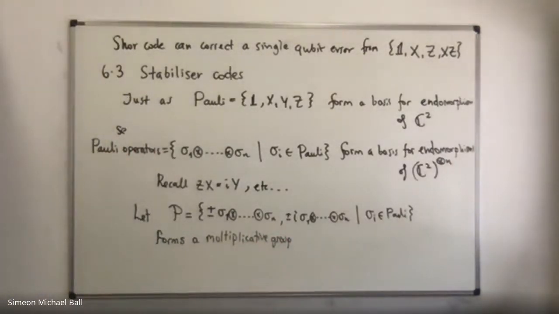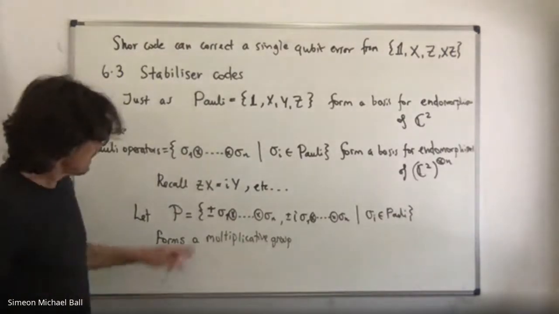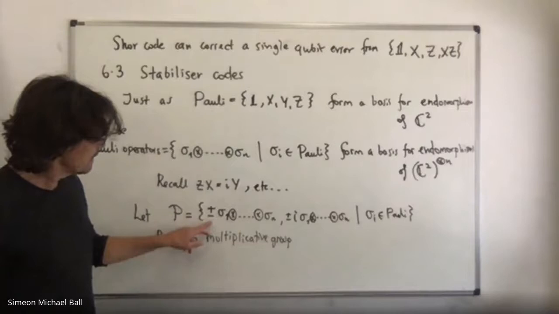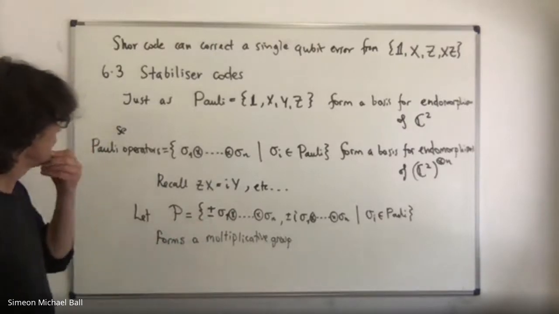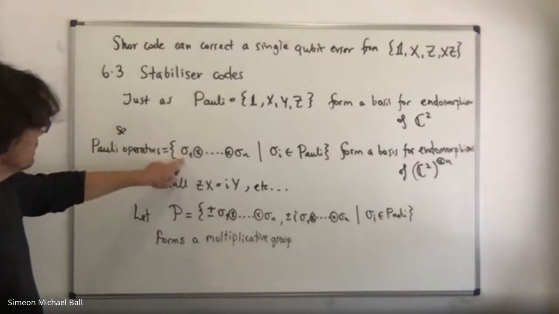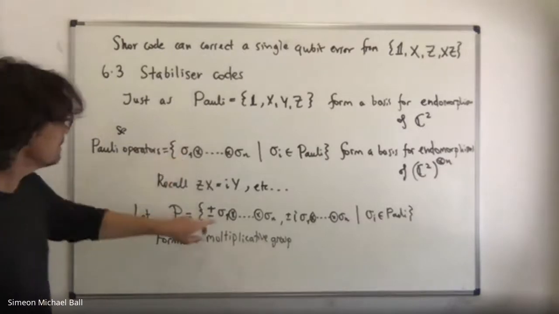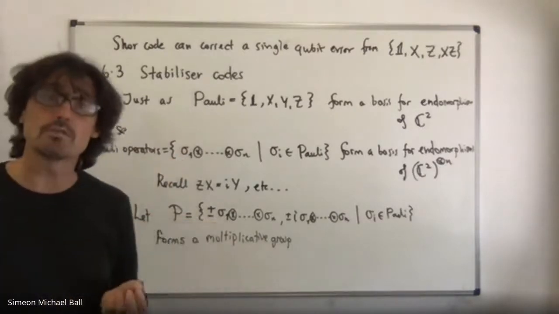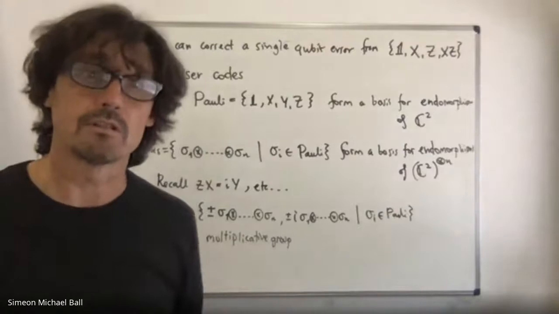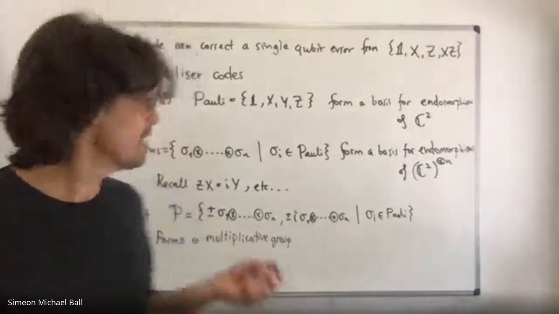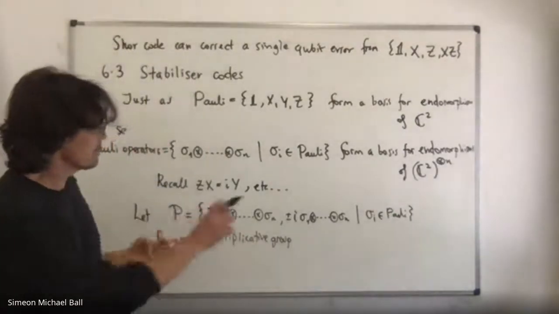It's actually a very strange group, because elements in this group will either commute or anti-commute. The signs don't actually make any difference to the question of commutativity.